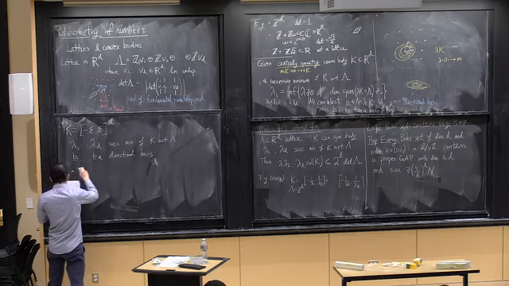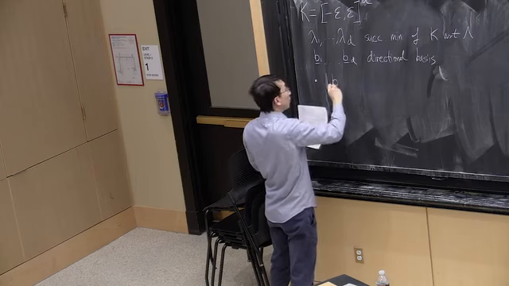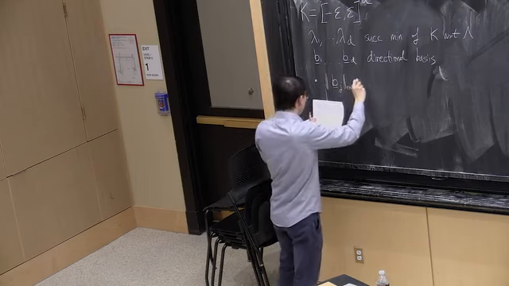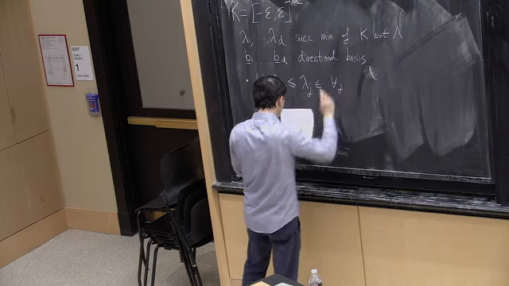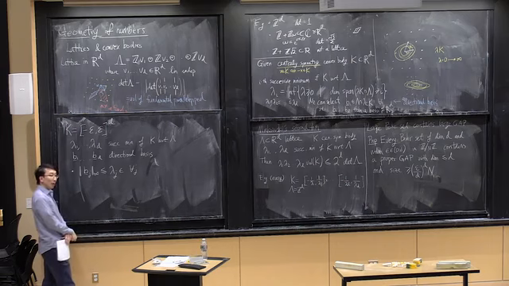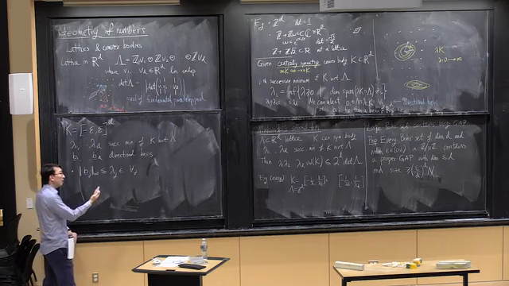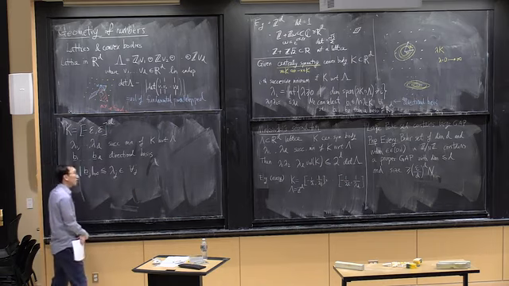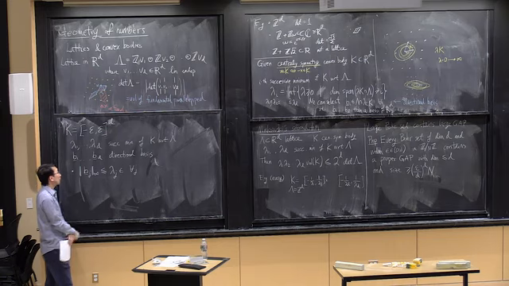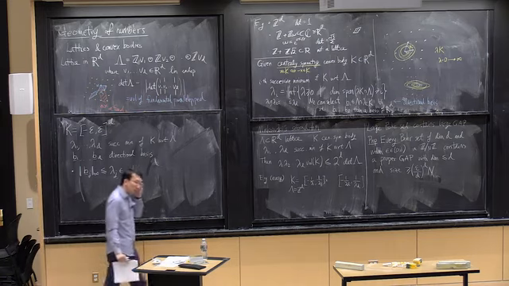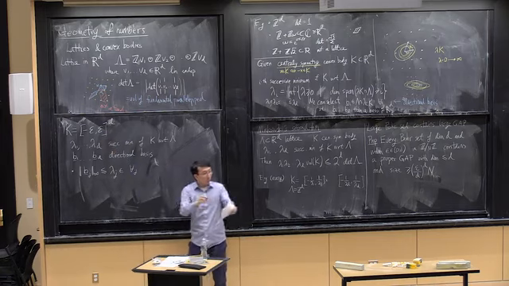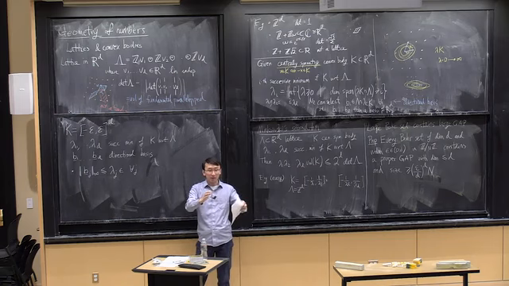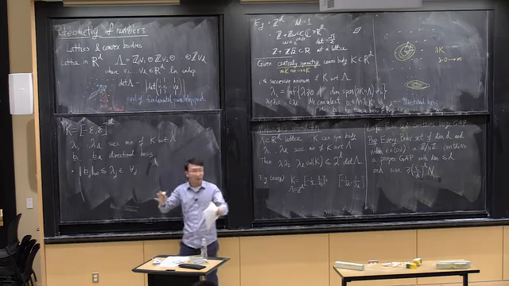I claim that the L infinity norm of Bj is at most lambda j epsilon for each j. And this is basically because of the definition. If you look at the definition of successive minima and directional basis, this is K. I grow K by a factor of lambda j, and that's the first point when I see B sub j.